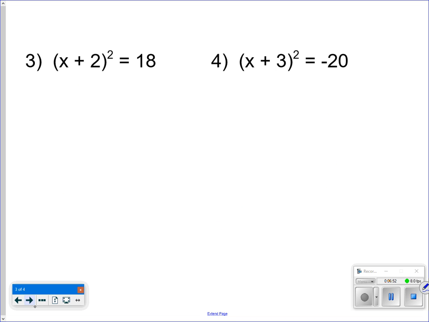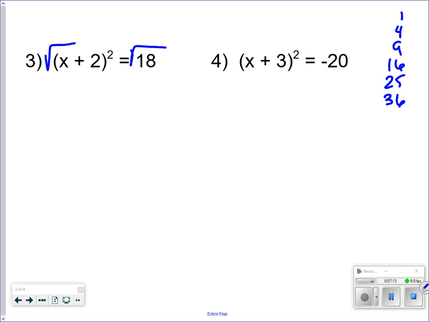Two more on this page, one on the next page. Parenthesis, x plus 2 squared equals 18. We can go ahead and square root, cancel, cancel, drop down x plus 2 equals plus minus.